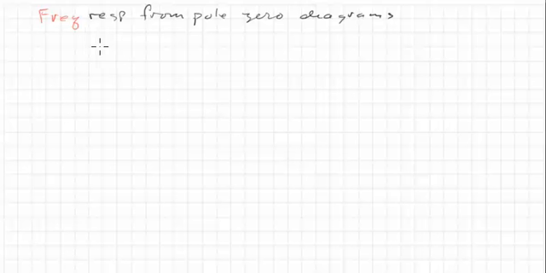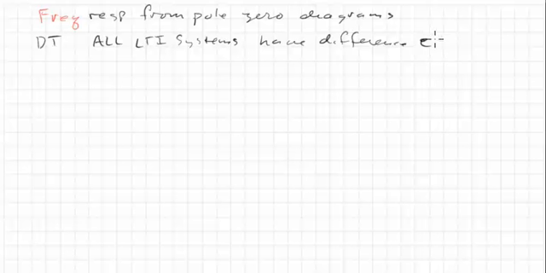We've already spent a bunch of time talking about this in class for discrete time, but let me review really briefly. For discrete time, remember that all linear time invariant systems have a difference equation, which is why we're really interested in difference equations. It looks like this.